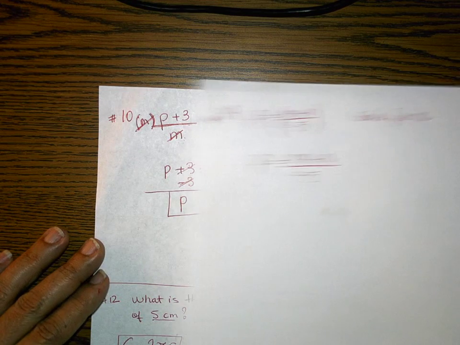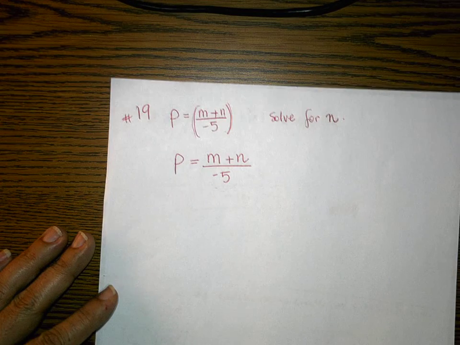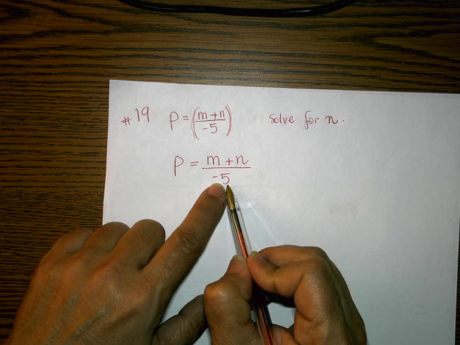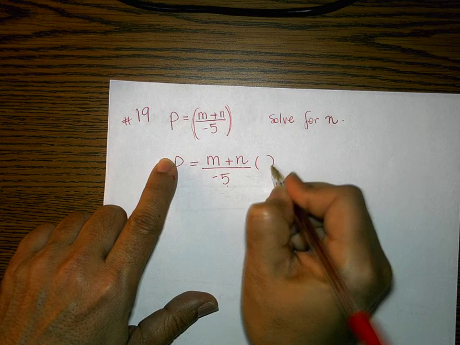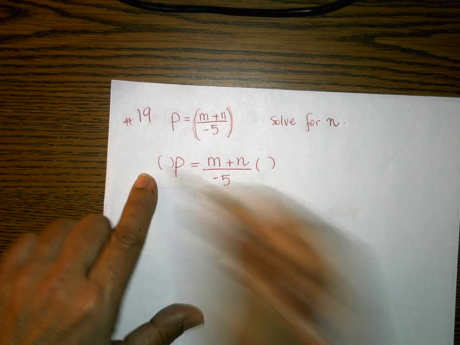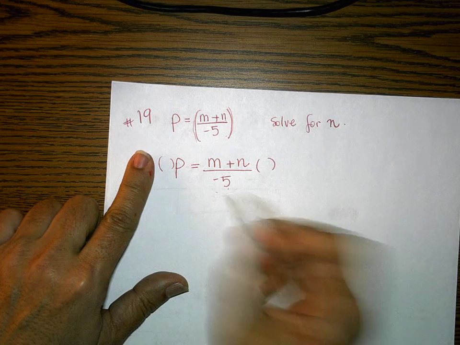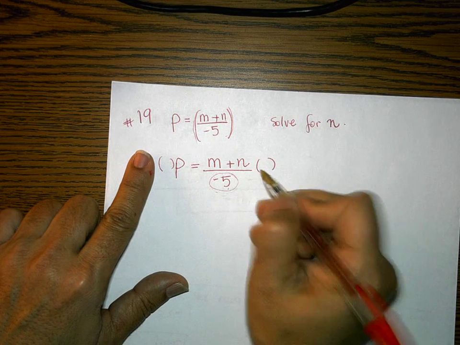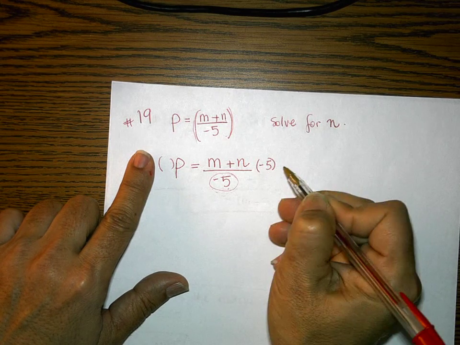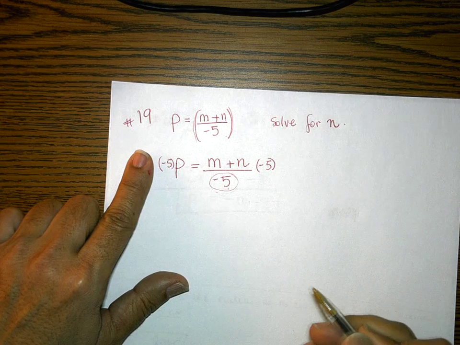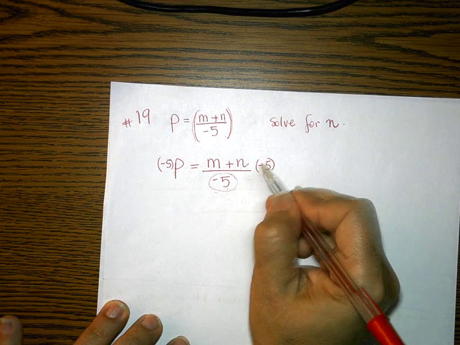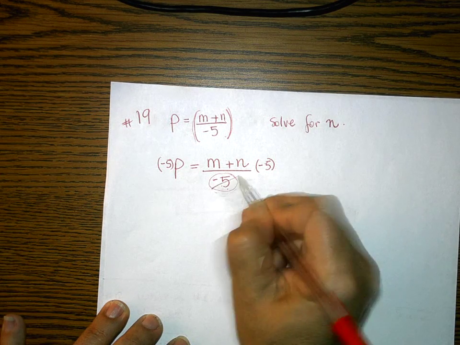If I want to get rid of the -5, I'm going to multiply both sides, the left and the right, by the denominator that I want to get rid of. So I'm going to multiply by -5 on both sides. Multiplying and dividing by the same number will undo each other.